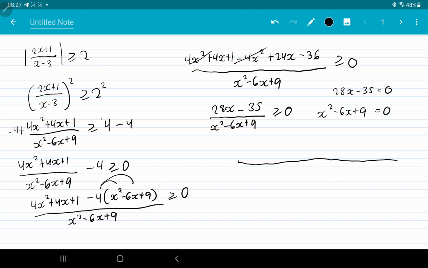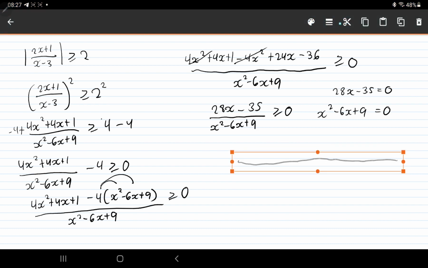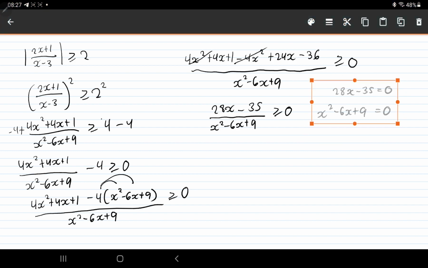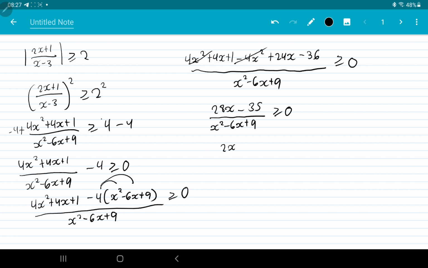So 28x minus 35 is equal to 0, and x squared minus 6x plus 9 is equal to 0.